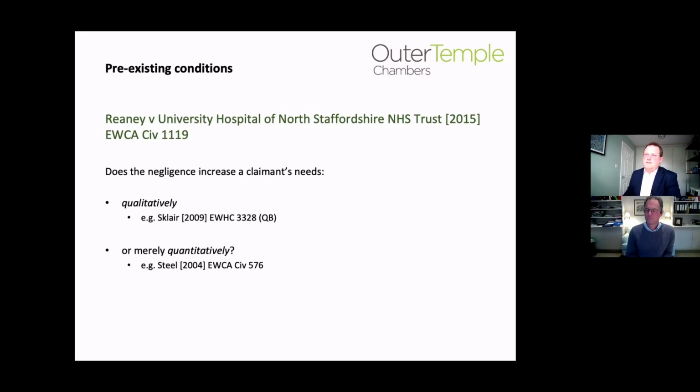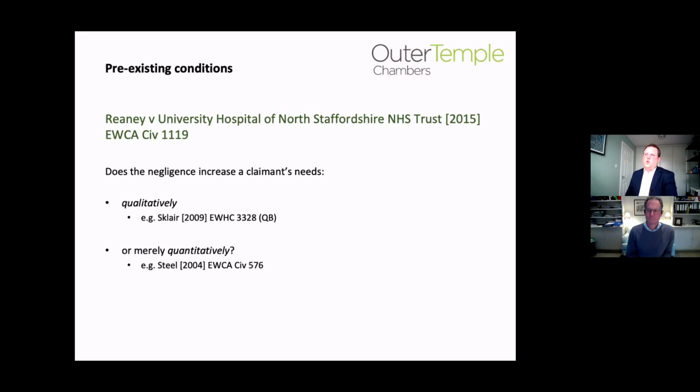However, unhelpfully, the court did not provide clear indications of what would amount to a qualitative or quantitative difference. And it may well be that this will become a fruitful area for debate in future litigation. However, there was some hint from the Court of Appeal at paragraph 25 of the judgment.